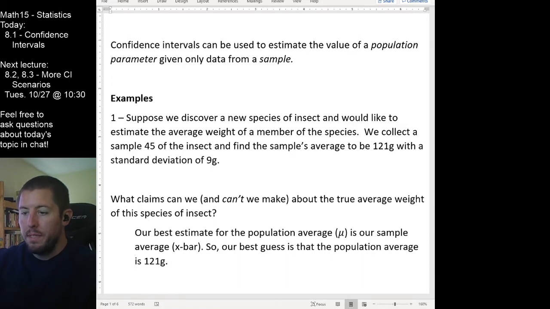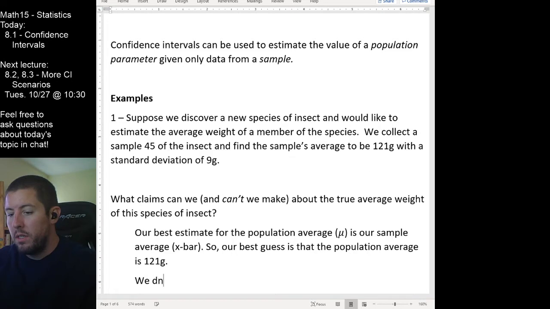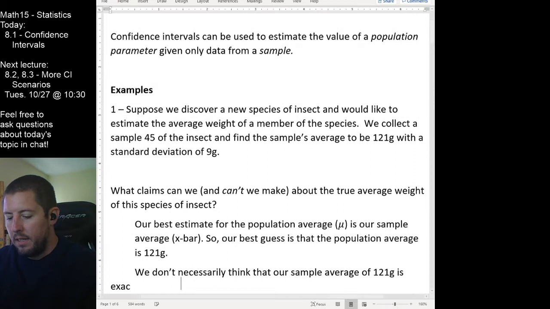So what claims can't we make? We don't necessarily think that our sample average of 121 grams is exactly correct.